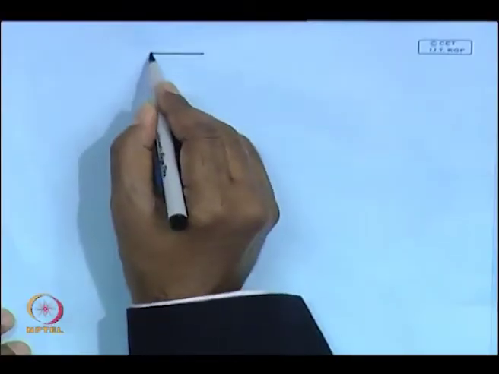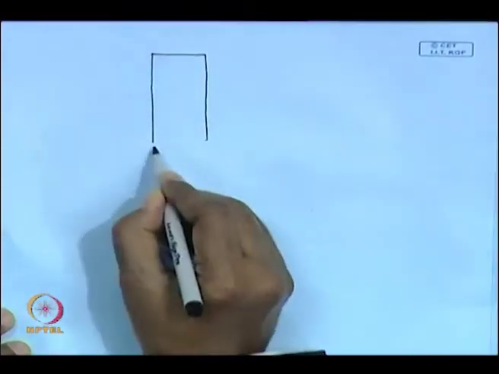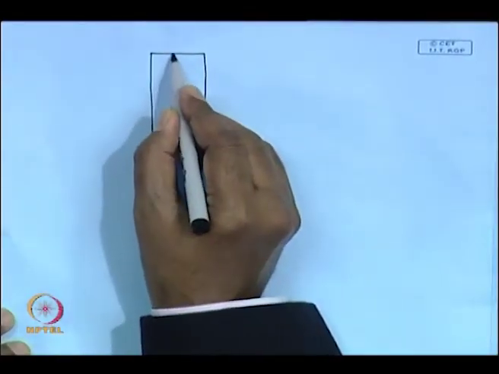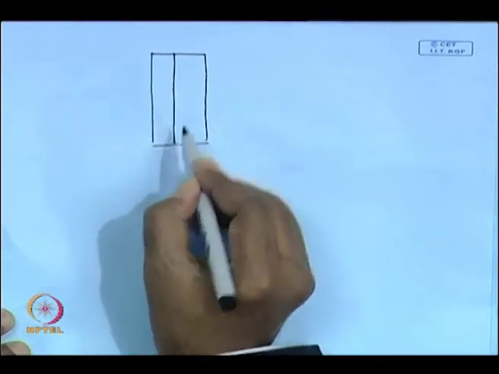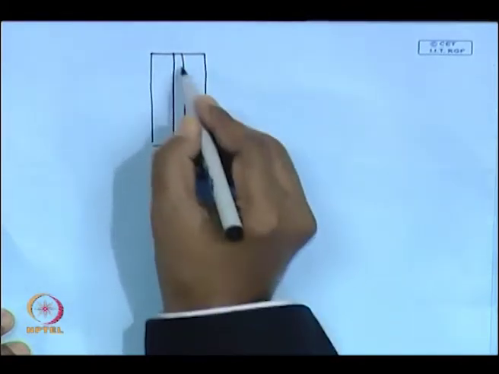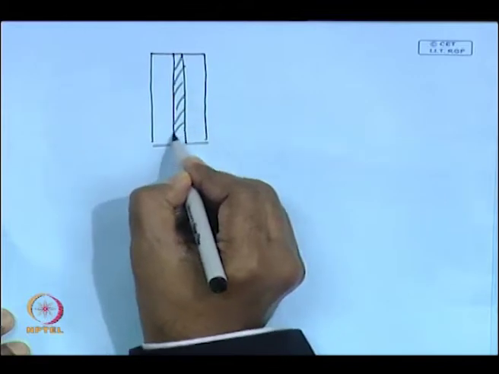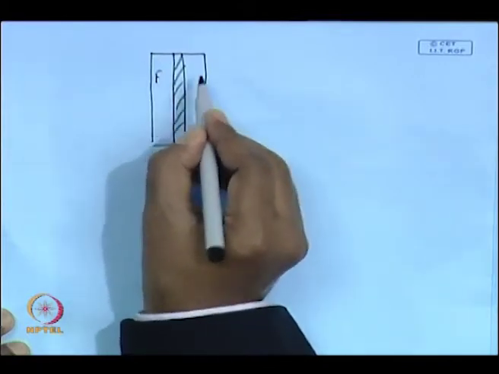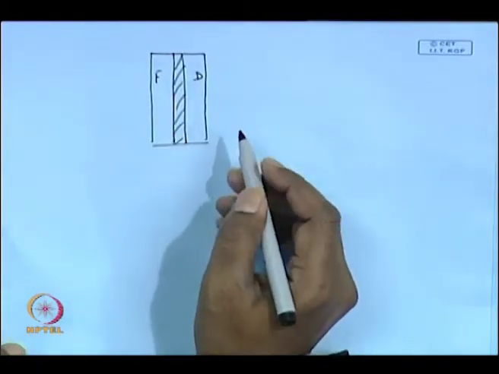Okay. Now, let us first look into the various resistances that will occur during a continuous dialysis operation. Let us say this is the housing, and two compartments are separated by a dialysis membrane. This is the feed side and this is the dialysate side.